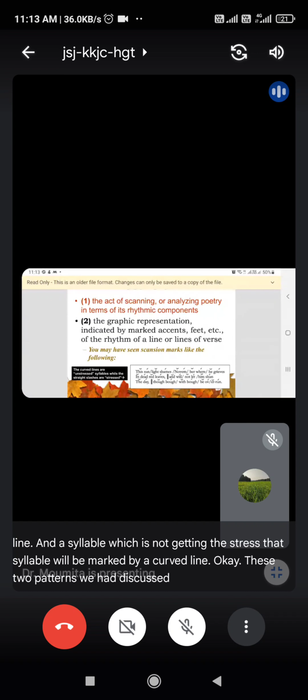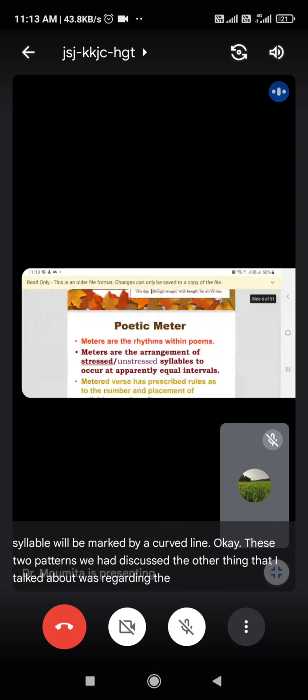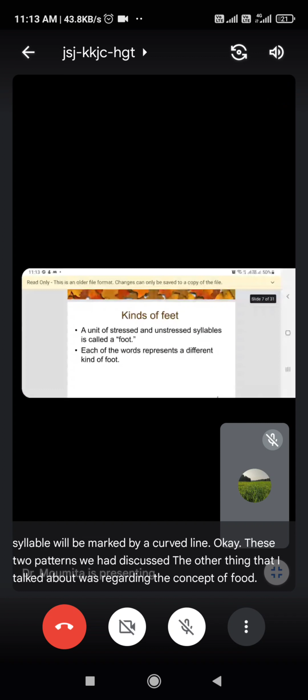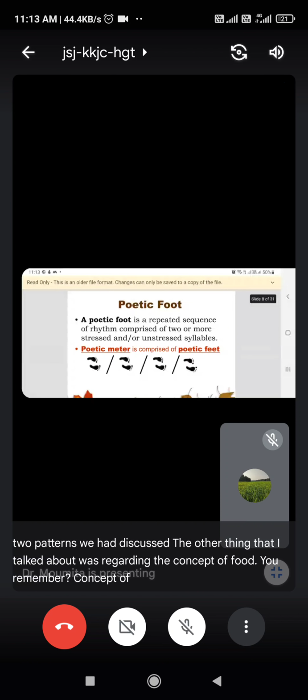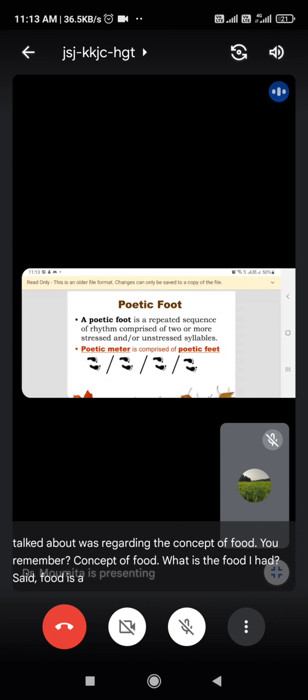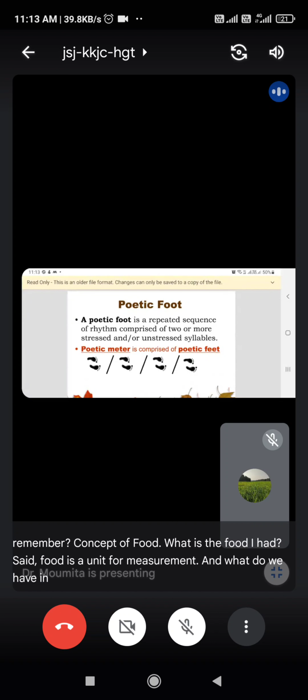The other thing that I talked about was regarding the concept of foot. You remember the concept of foot? What is a foot? I had said foot is a unit for measurement. And what do we have in a foot?